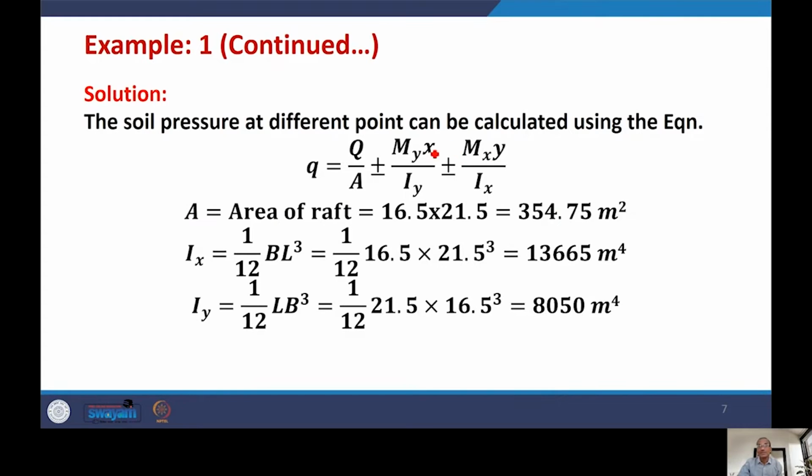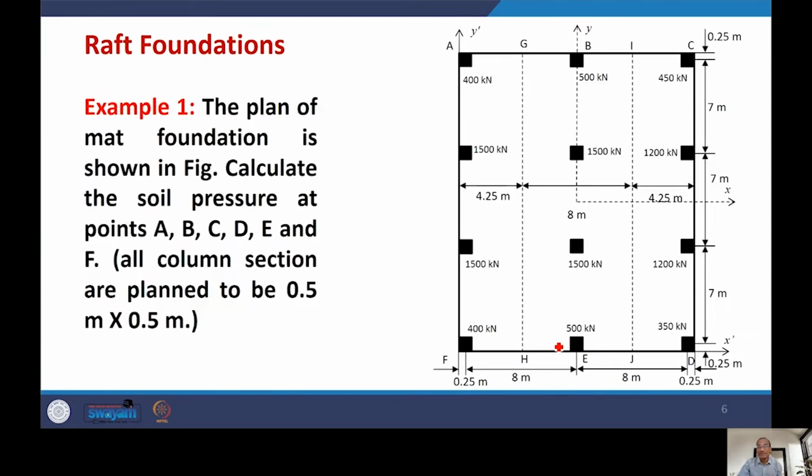So first we need to decide what My, Mx, Iy, Ix are. As far as area is concerned, the area of the raft is 16.5 into 21.5. So this leads to 354.75 square meters. Now Ix: you could see here, this is B. B is 16.5 meters, so B is the width along X direction, and L is along this direction.